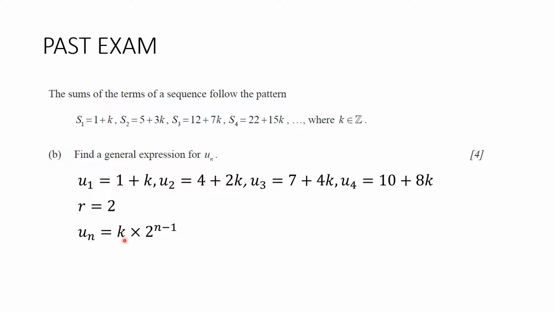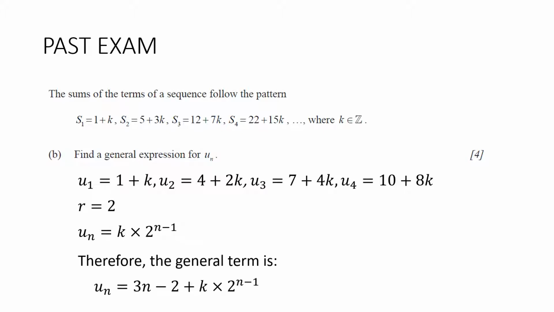Substituting it into the formula, first term multiplied by 2 to the power of n minus 1. And so altogether, the general term is going to be 3n minus 2, that's our arithmetic part, plus k times 2 to the power of n minus 1, that's our geometric part. That's quite a difficult question. I haven't seen one like that since or before, but I thought I'd go through it with you.